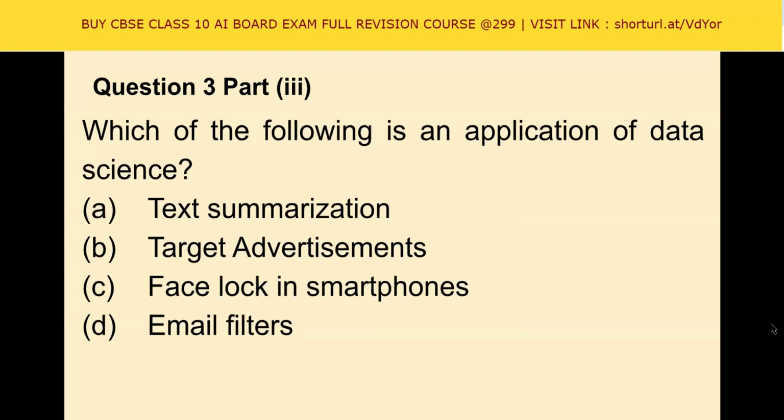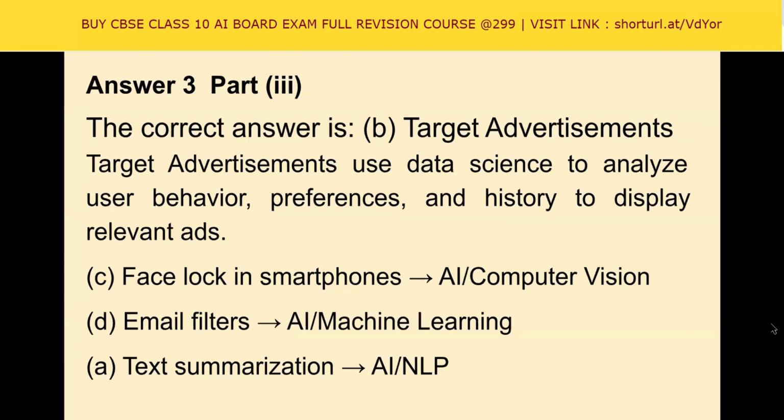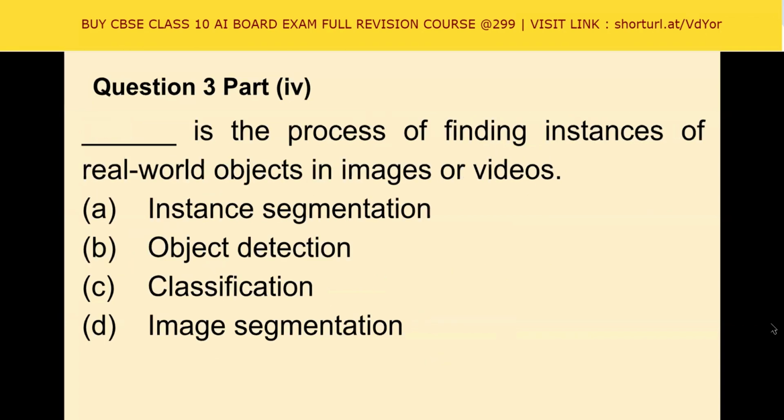Email filter filters the email based on certain text, so it is also NLP. So targeted advertisement is the answer. Why? Because it uses data science: user behavior, preference, and history. So based on it, we can say the correct answer is targeted advertisement.